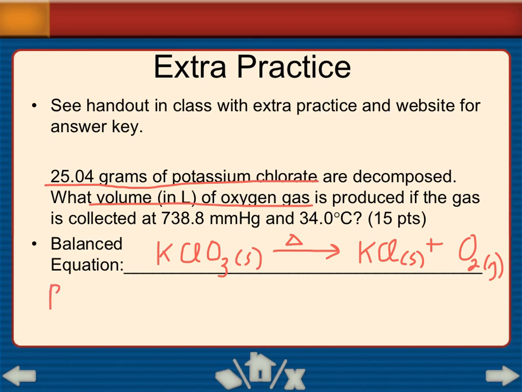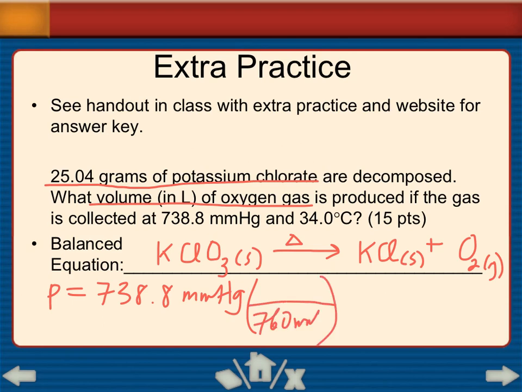The pressure is 738.8 millimeters of mercury. You can convert that into atmospheres. So 760 millimeters of mercury is 1.00 atmospheres, and that comes out to be 0.9721 atmospheres.